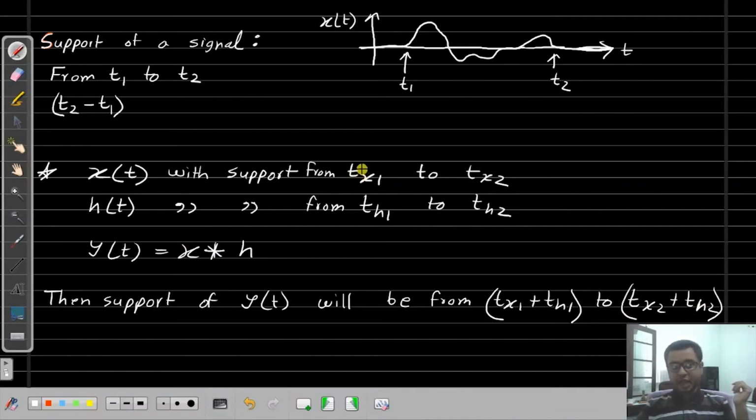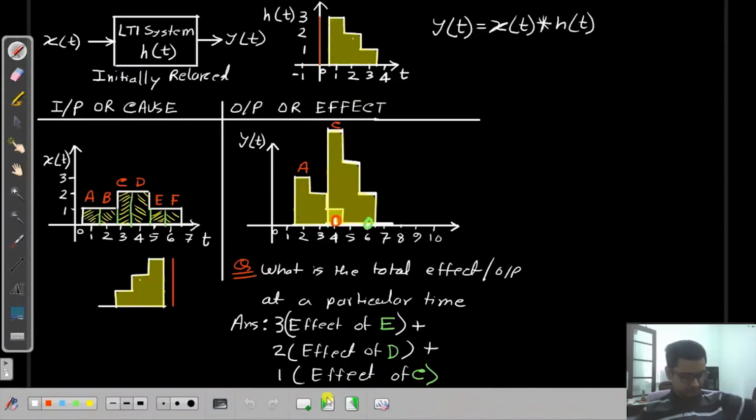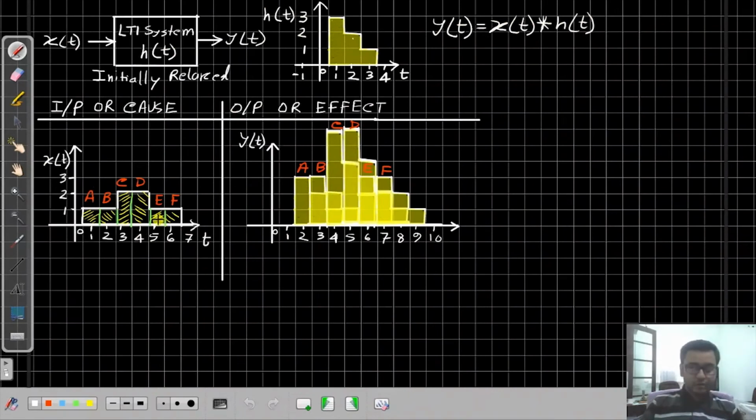Just add the supports of these two individual signals. How can we justify this? Let us go back to this demonstration, and here suppose this x(t) has a support from tx1 up to this point, tx2.